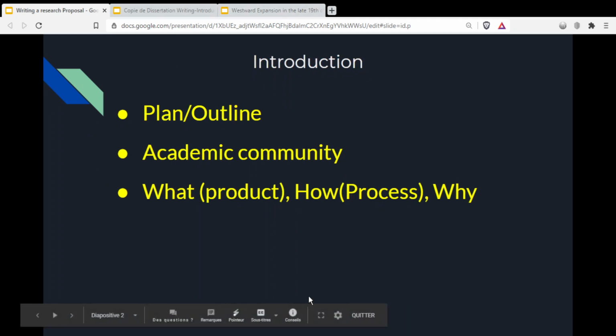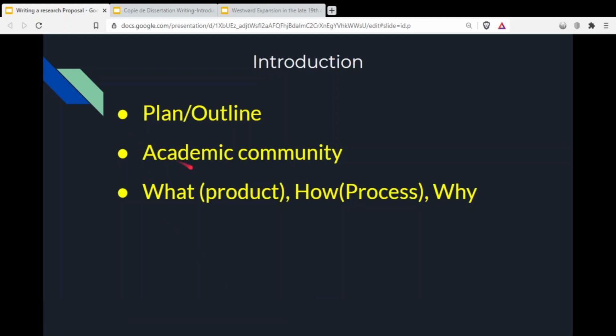As I said, the what here concerns both the final product, which is the written paper, and the subject matter, the specific topic you are dealing with, the issue, I would rather say. And then the how, the process: how are you going to do your research?